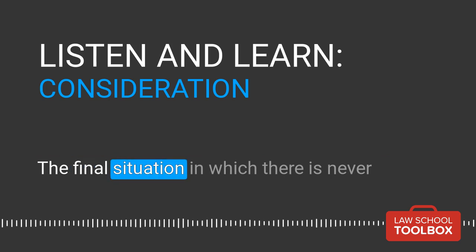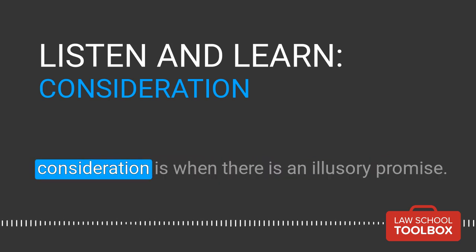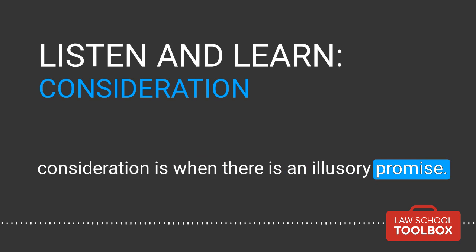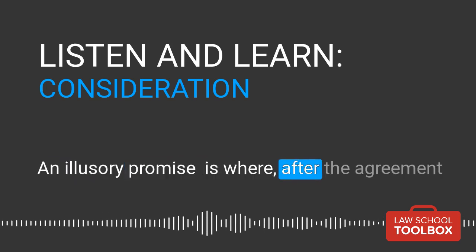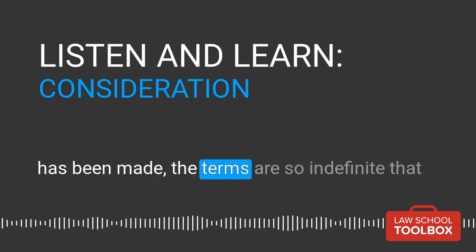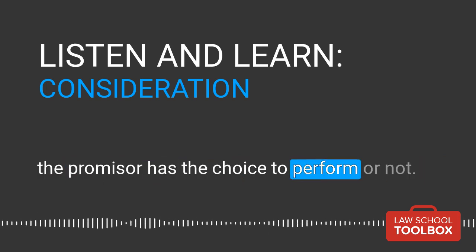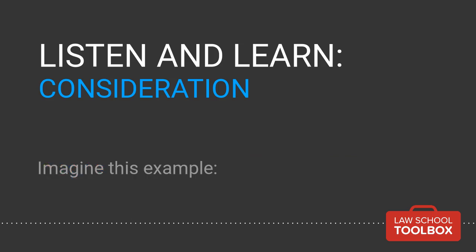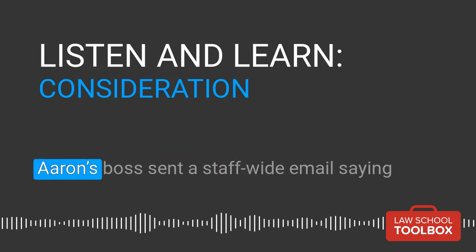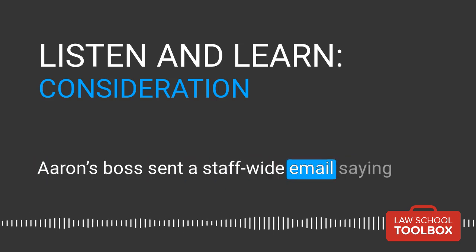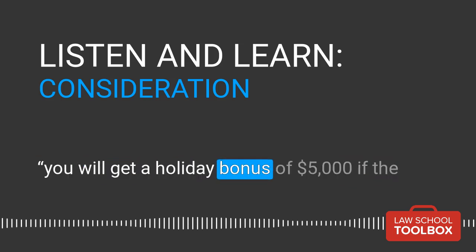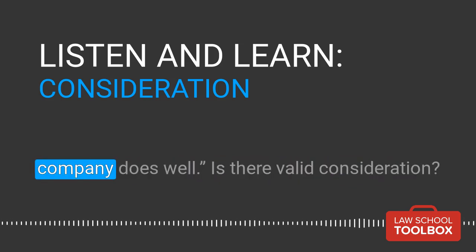The final situation in which there is never consideration is when there is an illusory promise. An illusory promise is where, after the agreement has been made, the terms are so indefinite that the promisor has the choice to perform or not. Imagine this example. Aaron's boss sent a staff-wide email saying, "You will get a holiday bonus of $5,000 if the company does well."